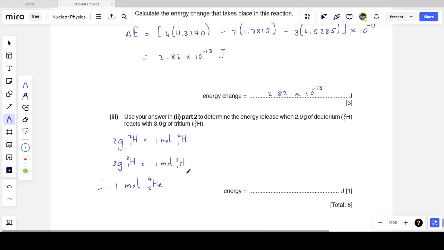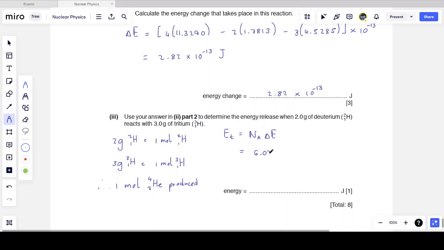So instead of 1 nucleus, or 1 particle of helium-4 being produced, 1 mole of helium-4 will be produced. And remember, we know how many particles or how many atoms there are in 1 mole. It's Avogadro's number. So the total energy will be the energy for 1 reaction multiplied by Avogadro's number, N_A times delta E, that I calculated above.